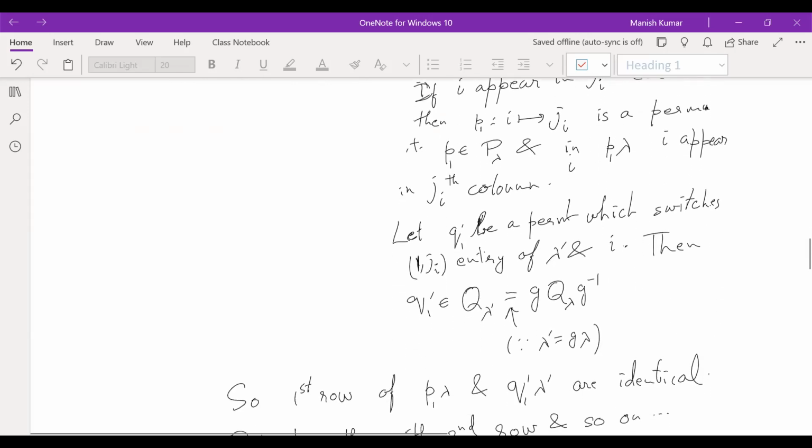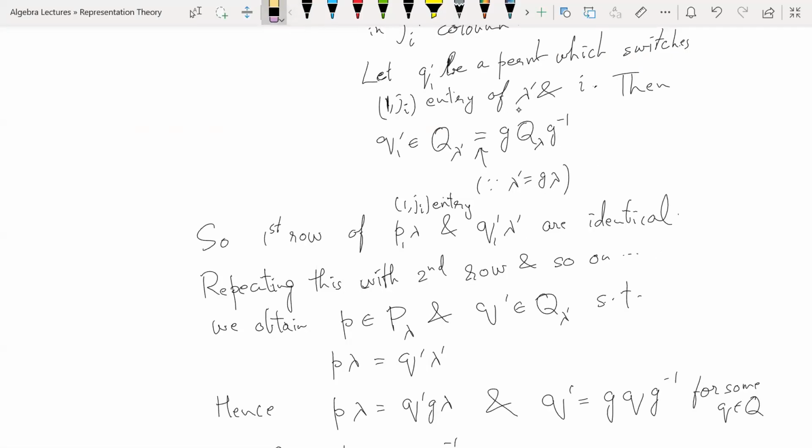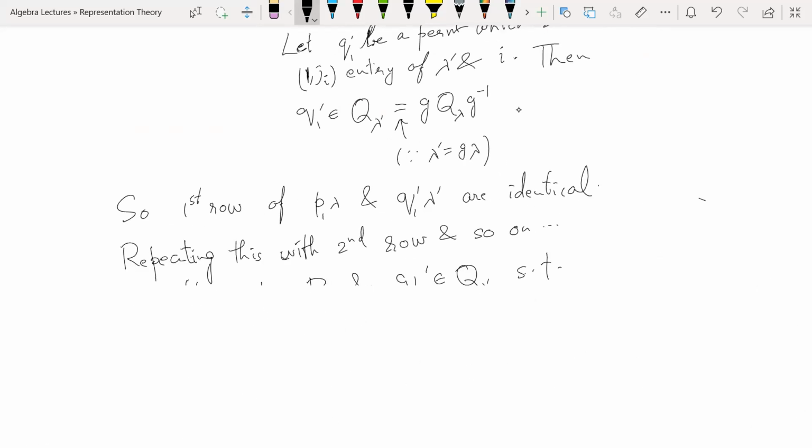So the 1 comma G i entry, I can tell you what the value is. They are identical.